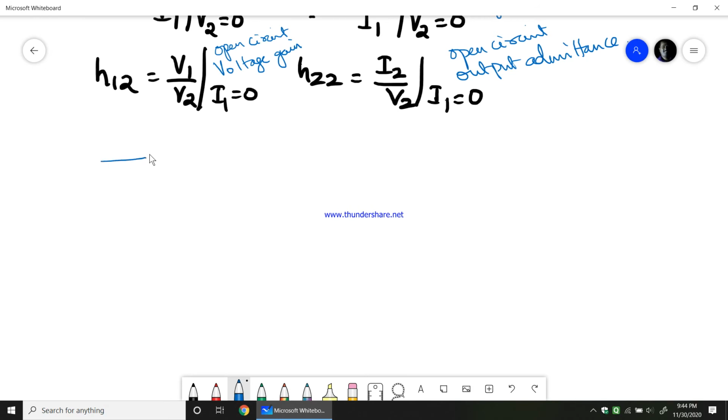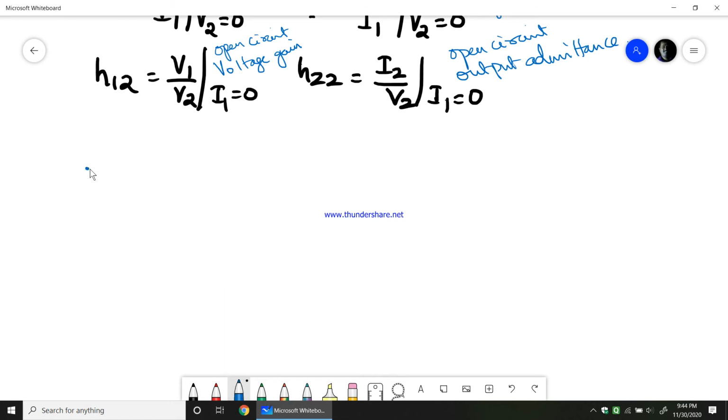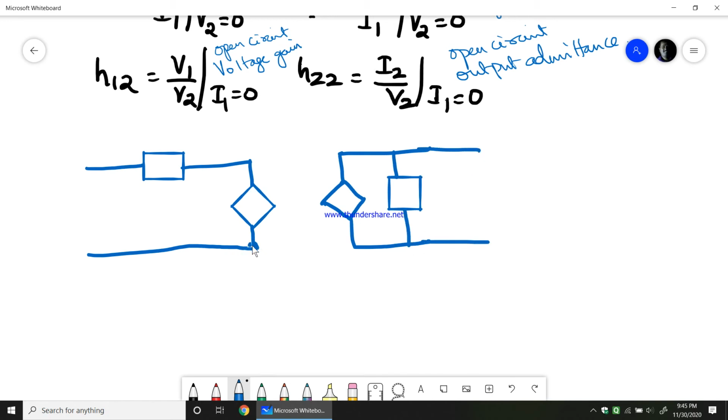So I will have a series circuit at the input port, where I will have a parallel circuit at the output port. So this is how we'll have it.